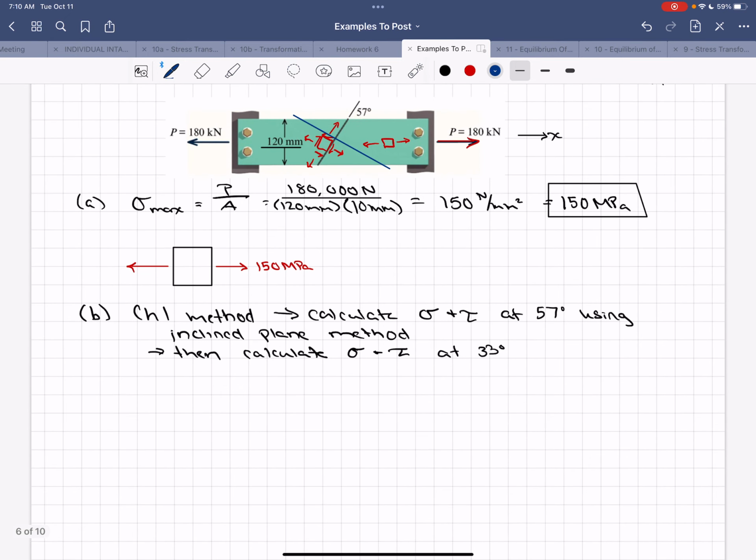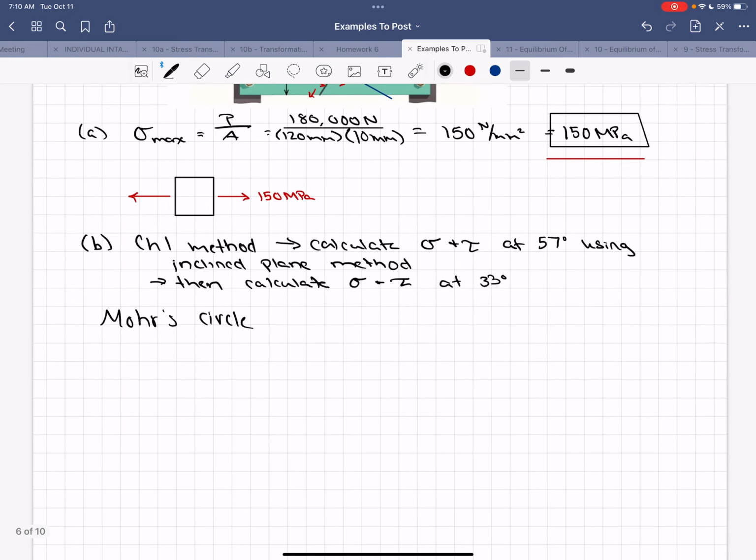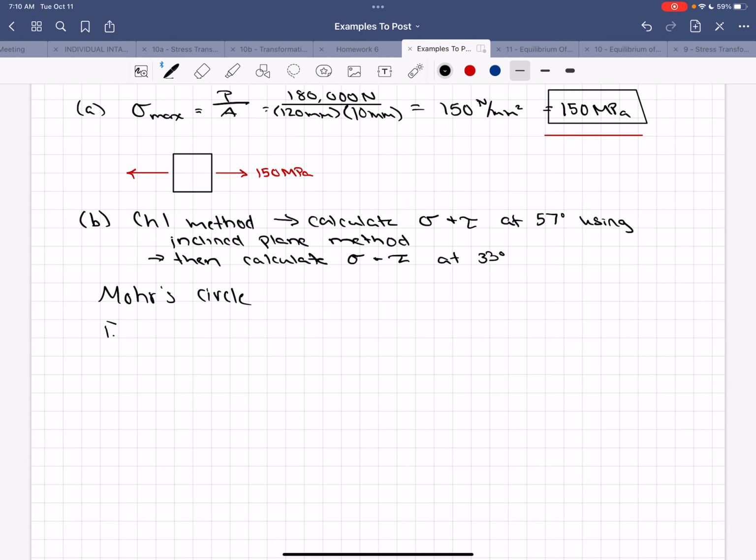So if we draw a Mohr's circle for what we know already, we have a procedure. Step 1 of our procedure is the center of the circle.